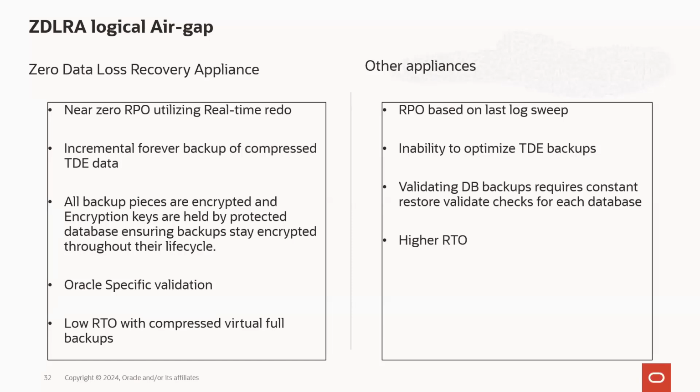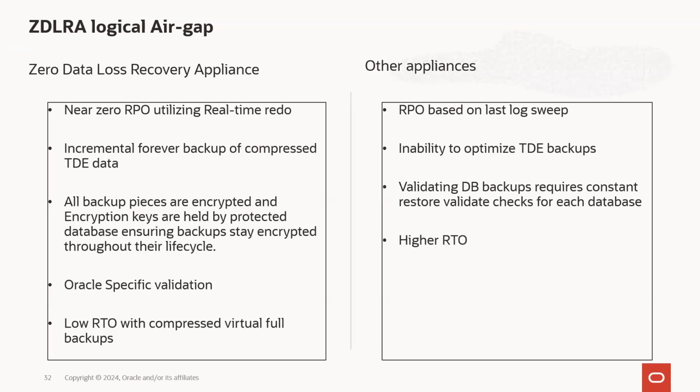and you get a low RTO because you're restoring compressed virtual full backups. And the nice thing about the virtual full too is that you are restoring back to when you last did an incremental backup. So your restore point is going to be less than 24 hours old. So you're not doing a restore back to your previous full backup last weekend and applying incrementals.